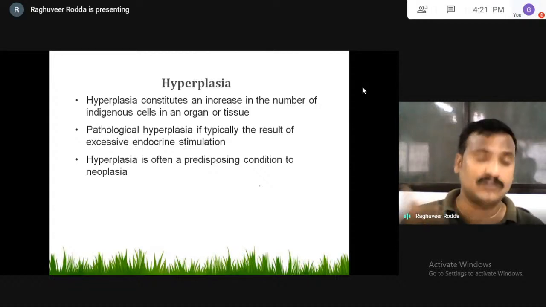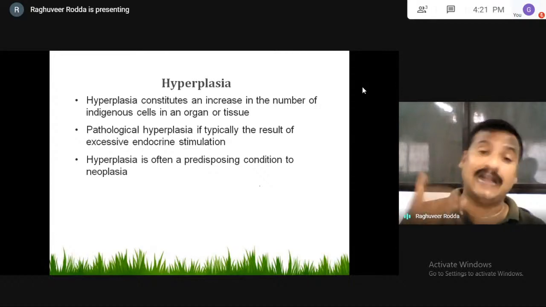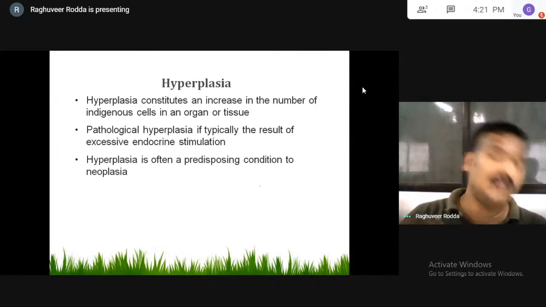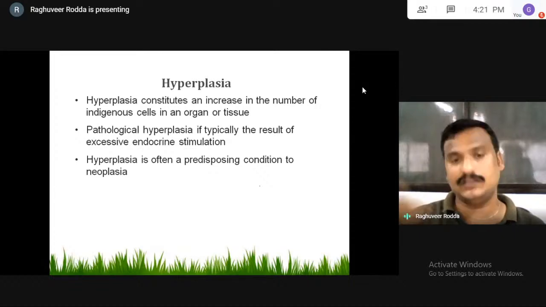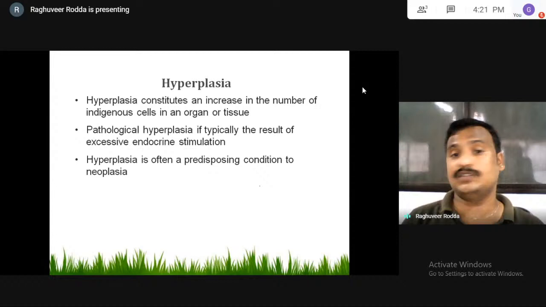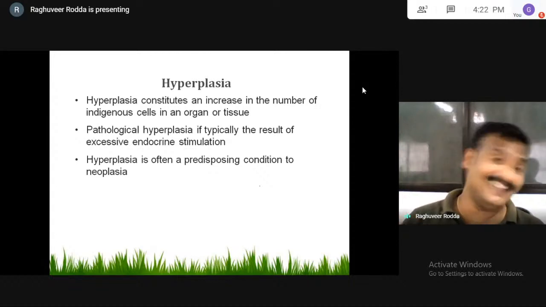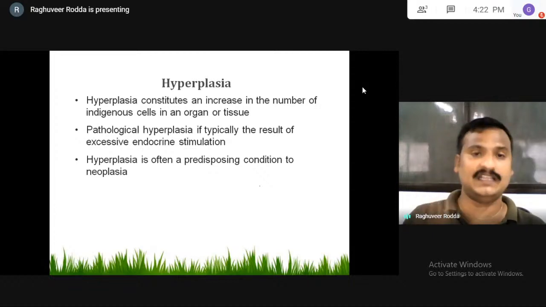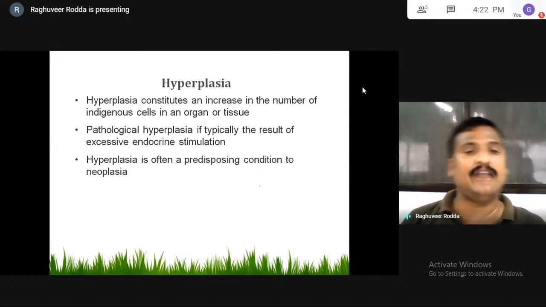So in the adrenal glands, the adrenal medullary cells or adrenal cortex cells increase in higher number, and that will lead to more release of adrenaline and norepinephrine. Such a condition, where there is an increase in the number of similar cells, is called hyperplasia.